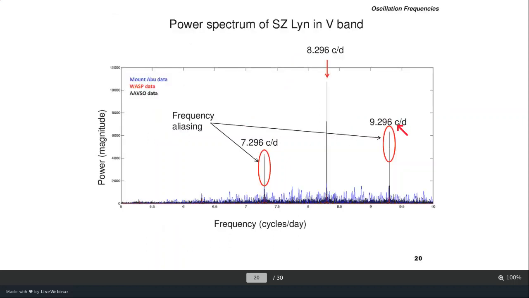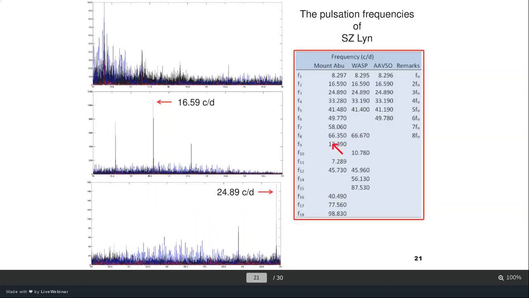After all this, these two frequencies are frequency aliasing, artificial frequencies. In order to remove these, we have to do the whitening process. After that, I determined the pulsation frequencies of the star. There are 9 frequencies we determined from the Mount Abu data.